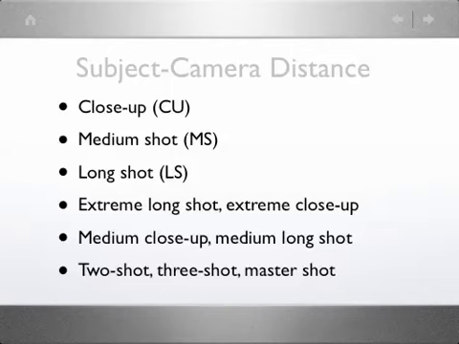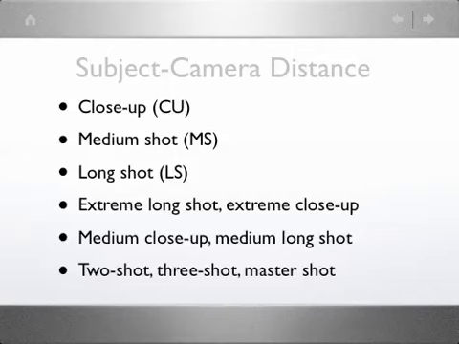It shows all of the characters and usually all of the bodies of the characters that appear in that scene, and it shows all or most of the space within which that particular scene takes place. So two-shot, three-shot, master shots are variations or labels for particular uses of the different shots on the subject camera distance continuum.